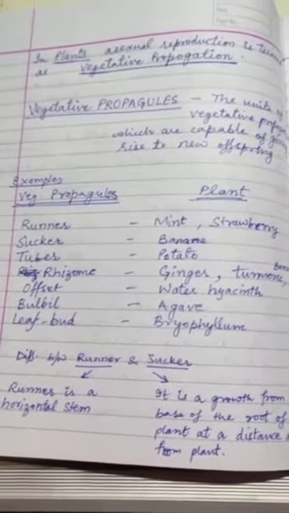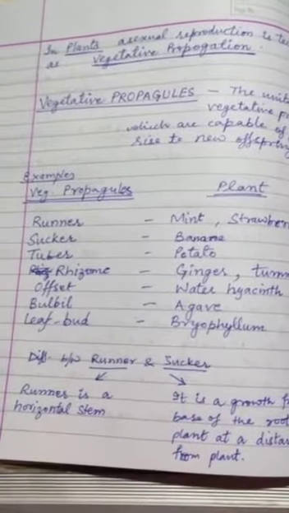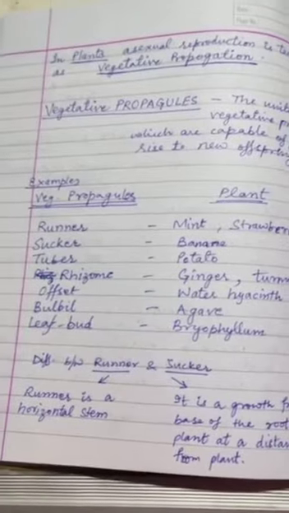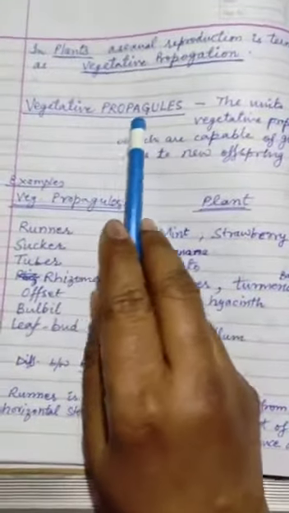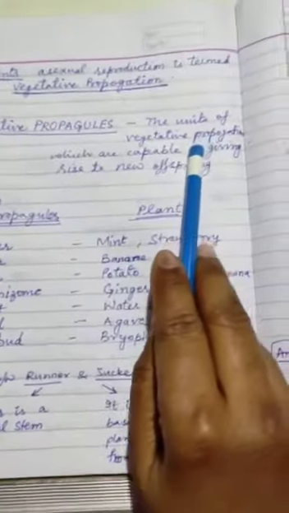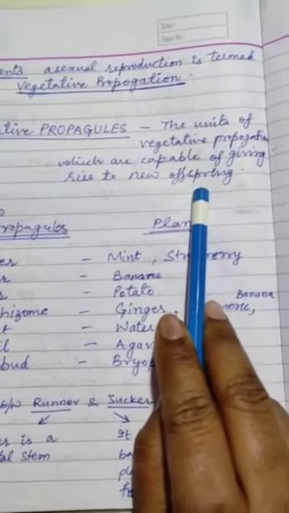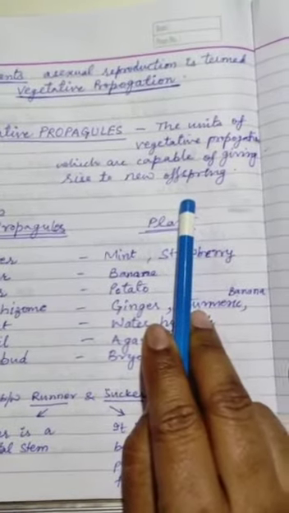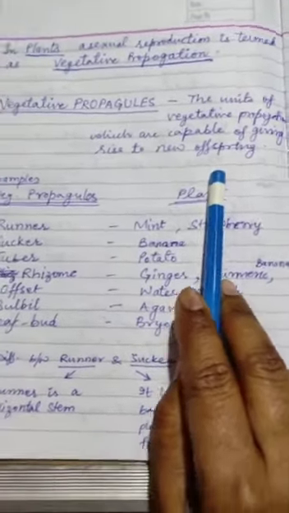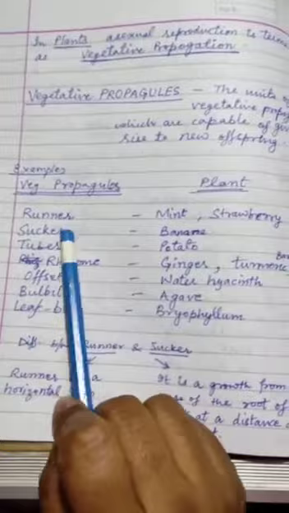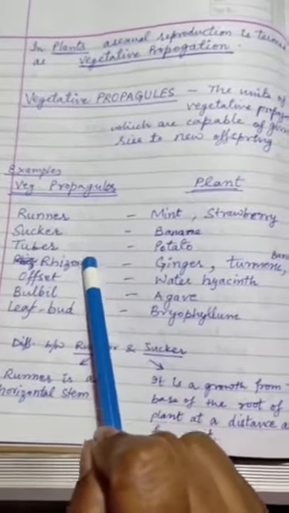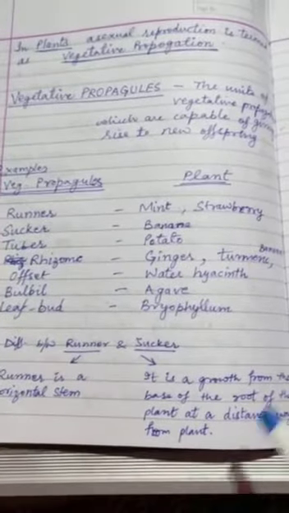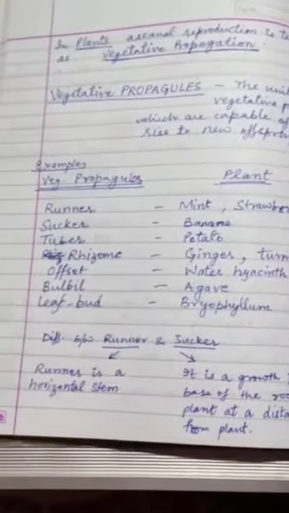The structure or the unit which participates in vegetative propagation is known as vegetative propagule. The unit of vegetative propagation is capable of giving rise to new offspring. Examples of vegetative propagules are runner, sucker, tuber, rhizome, offset, bulbil, leaf buds. These are different examples.